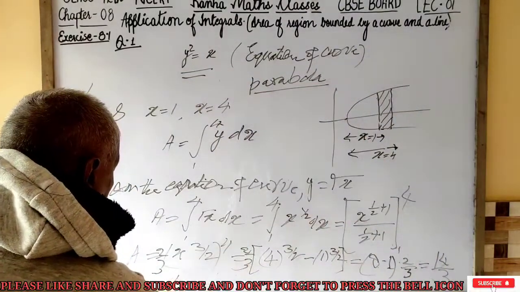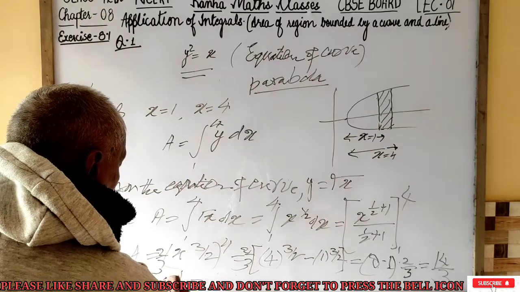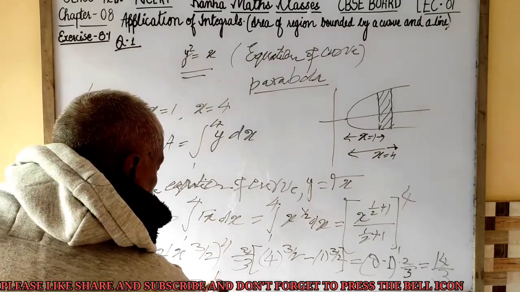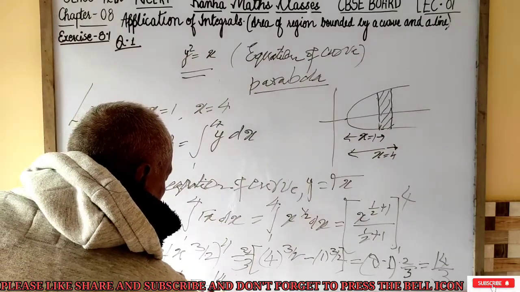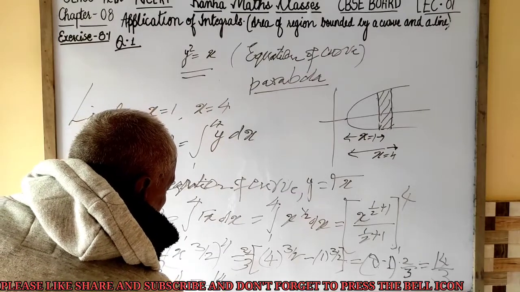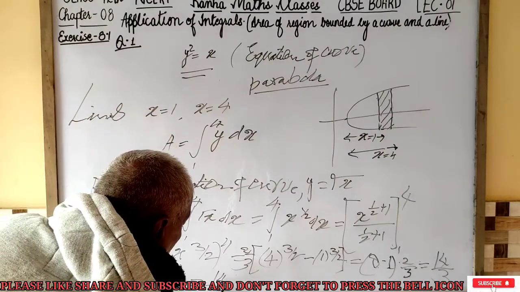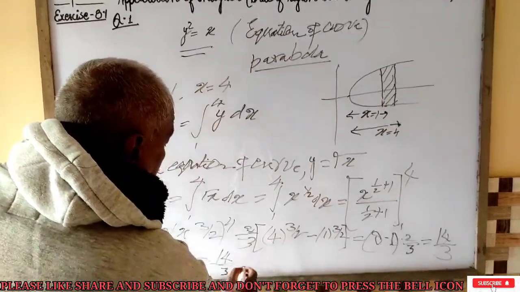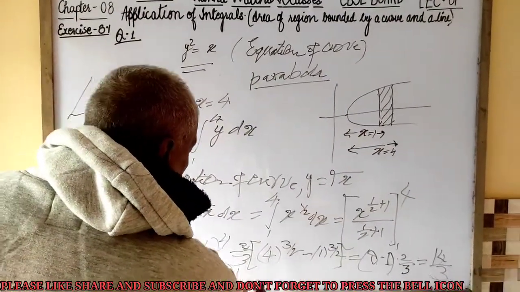Clearly, the required area of the bounded region is equal to 14/3 square units. This will be the requisite answer for the area.